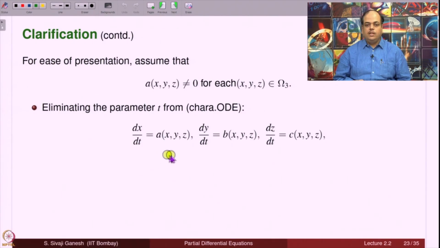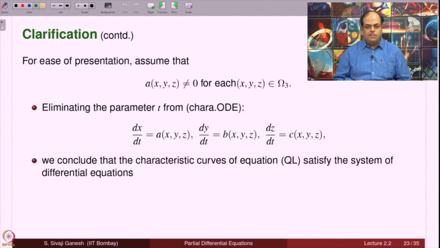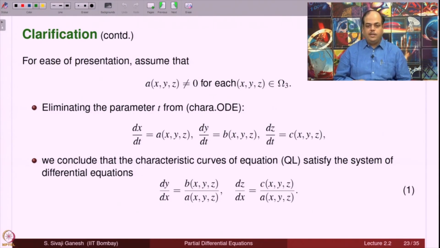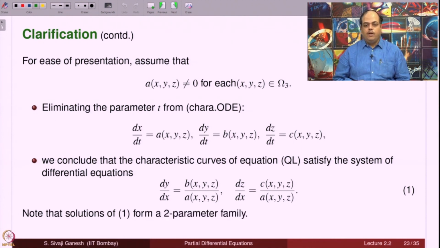Then I will get dy/dx equal to B/A and dz/dx equal to C/A. I eliminate t, it means that I am assuming something about it. Let us not discuss that right now. So, note that solutions of this form a 2 parameter family, a system of 2 equations. So, a 2 parameter family.